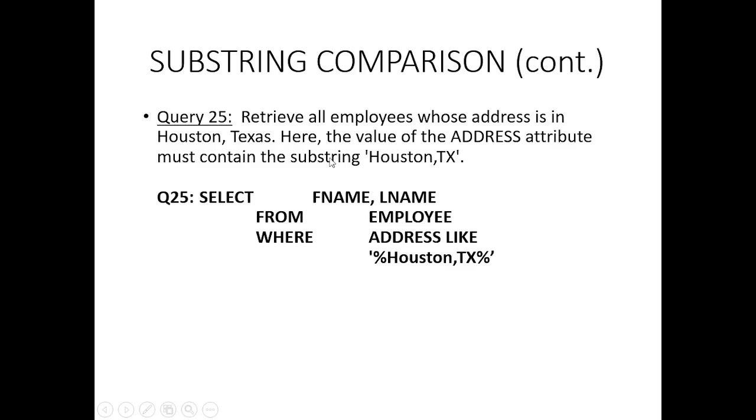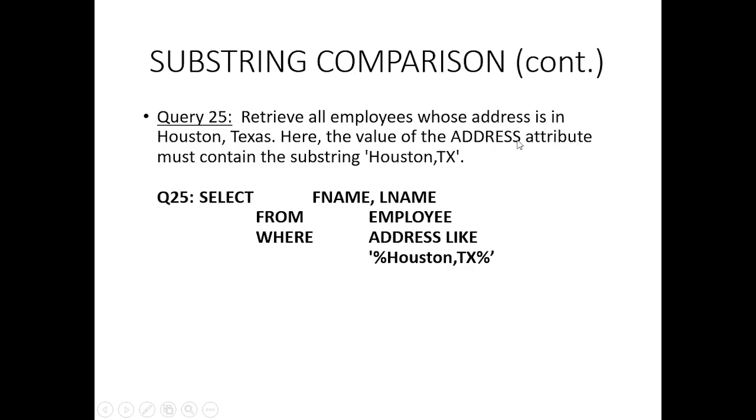So for example, retrieve all employees whose address is in Houston, Texas. Here, the values of the address attribute must contain the substring Houston, Texas. Because we are asked to retrieve all employees whose address is in Houston, Texas, a part of this address is Texas. That's what we check.